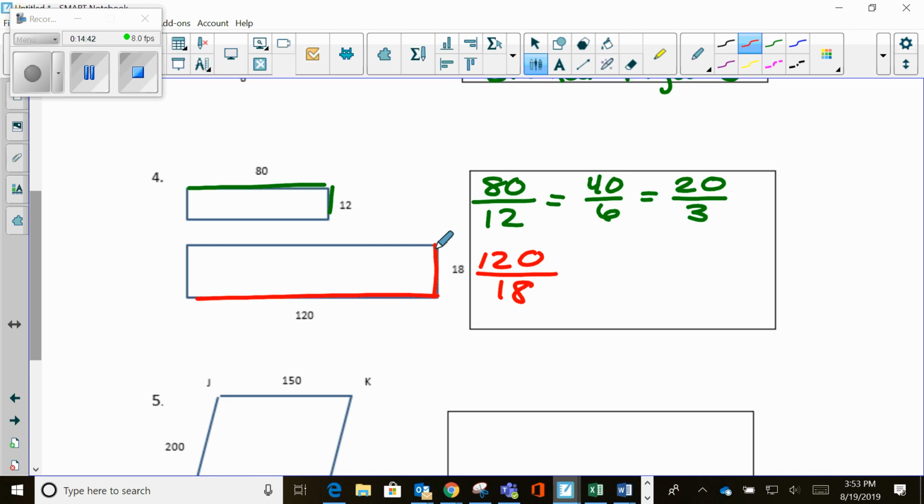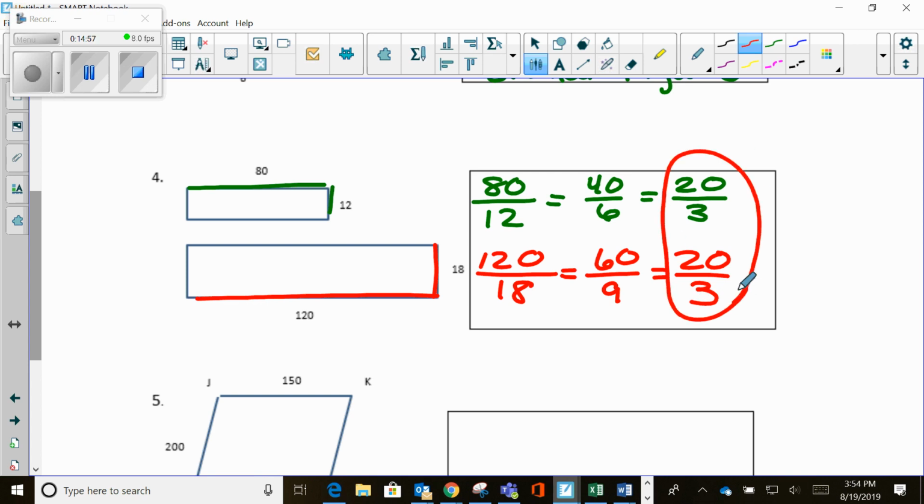That could simplify by 2, which would give you 60 over 9. Which then could simplify again into 20 divided by 3. Noticing that they come out to the same ratio, we know that they are similar figures. Because of the same ratio.